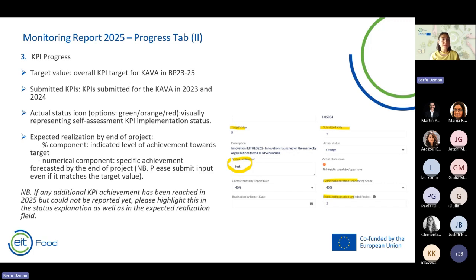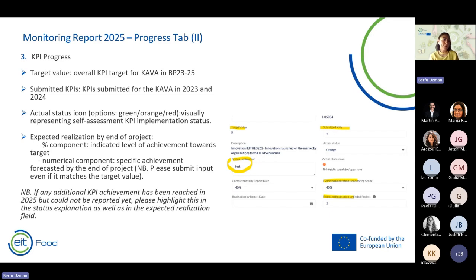An important note, if there are any additional KPI achievements that have been reached in 25, but there was no period for you to report them yet. So there are one or two, let's say, extra KPIs that you managed to achieve within the time period and you couldn't report them yet, which means they are not reflected under the submitted KPIs that you see.